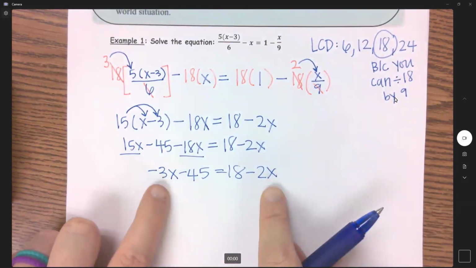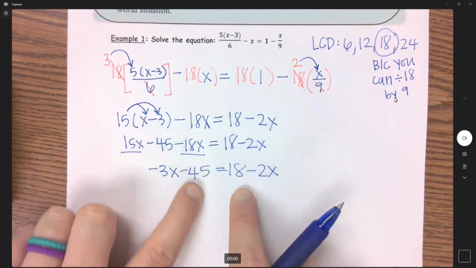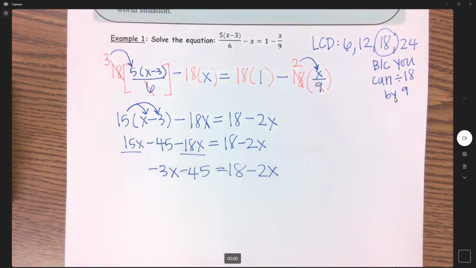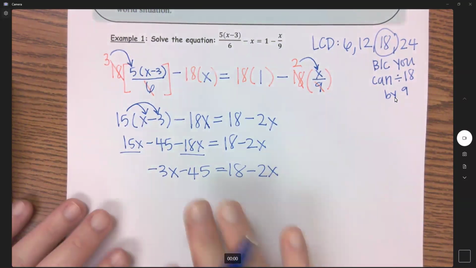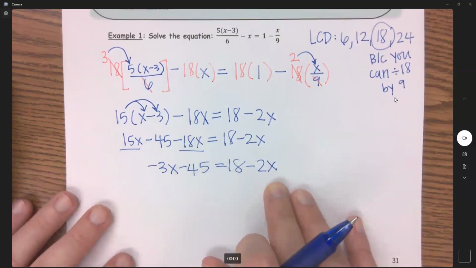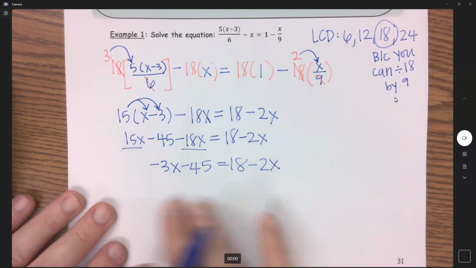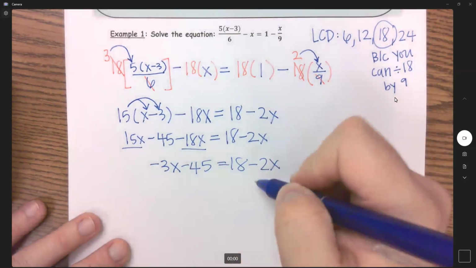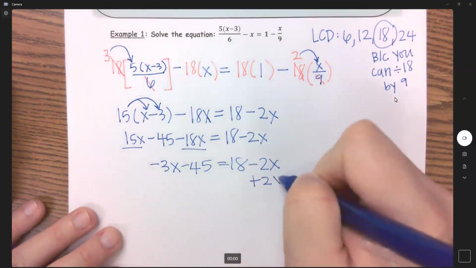Okay, and if you notice, we have an x on both sides and a number on both sides. So we need to get everything to one side. So I either need to move this x over here or this x over here, and it doesn't matter which. I typically like my x's over here on the left. So the opposite of a -2x is a positive 2x.